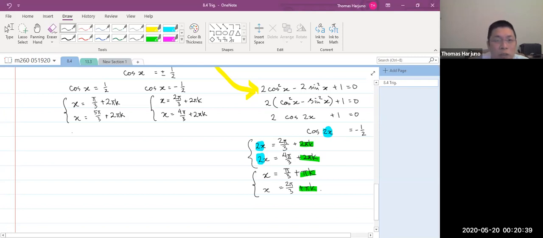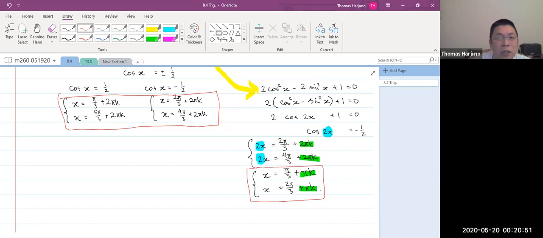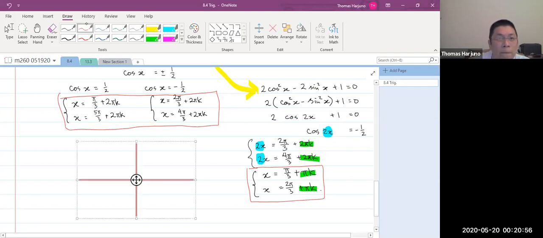Now, you will see that the solution that we have here actually is the same as the solution you have here. How can that be the same, Thomas? Let's take a look at the coordinate plane. We have pi over 3, 60 degrees, and 5 pi over 3, 2 pi over 3, 4 pi over 3, all these 4.